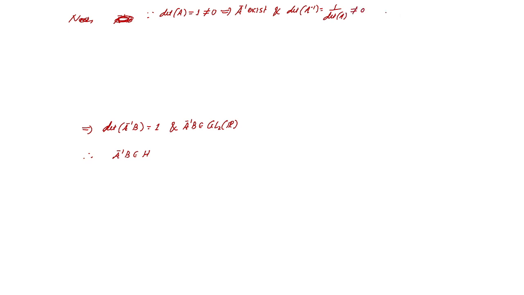In fact, non-zero, and that implies A inverse belongs to GL2(R). Therefore A inverse B must belong to GL2(R) by the closure property.